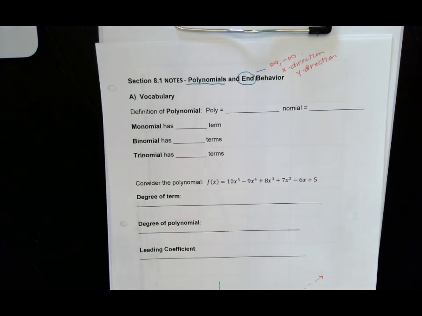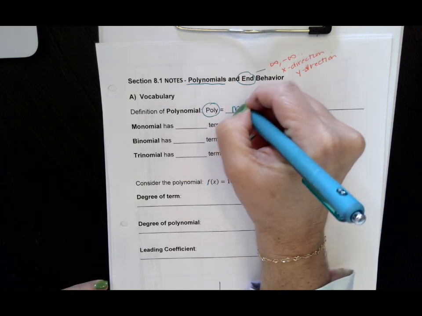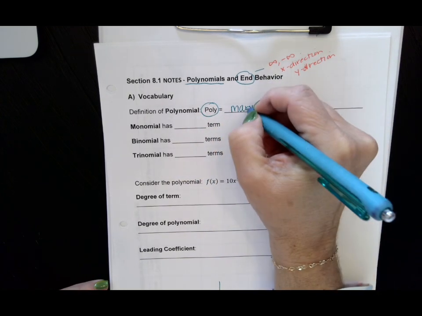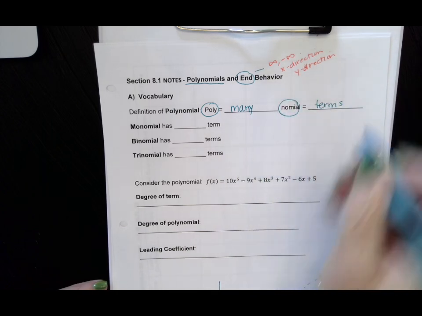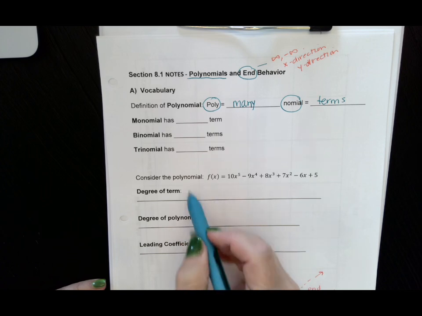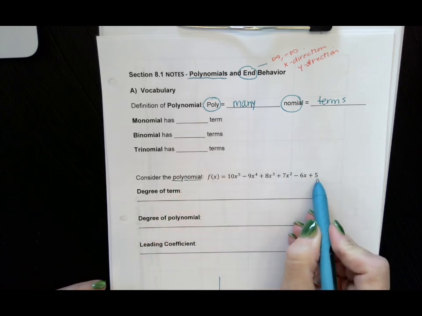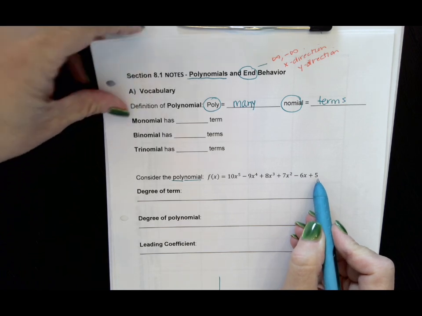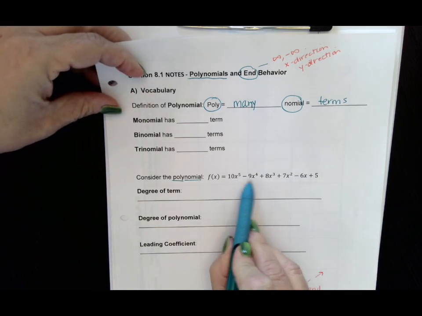So first thing we have here is some definitions. So definition of a polynomial. So polynomial, poly means many. Oh, and nomial means terms. So if you look at this polynomial, so many terms, right, I have all of these different terms. So normally what we would try to do is combine like terms, but none of these are the same. I can't combine x to the 5th with x to the 4th.